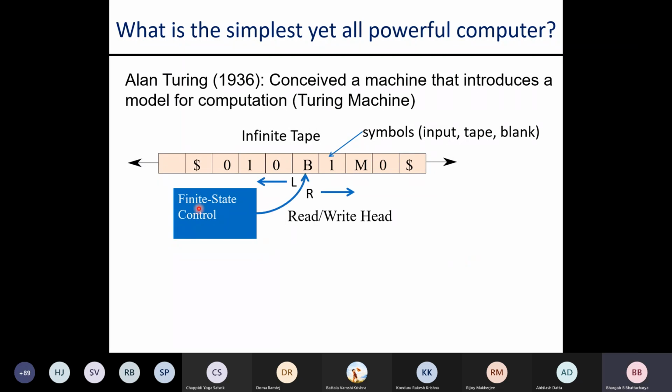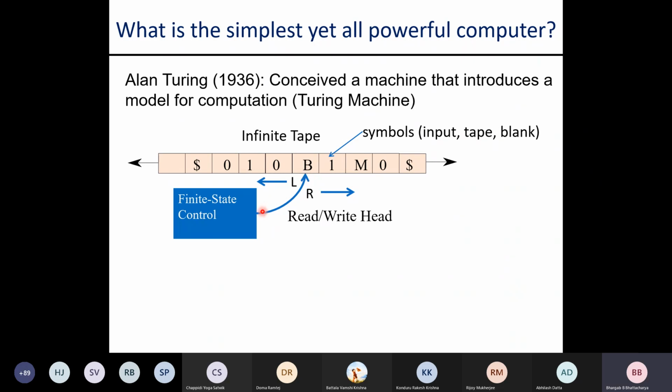So we have a finite state control, just like a finite state machine. The number of states in this controller is finite. The tape is infinite. The memory is assumed to be infinite, but the controller is assumed to have finitely many states. And the controller can perform the following action. It has a read-write head.